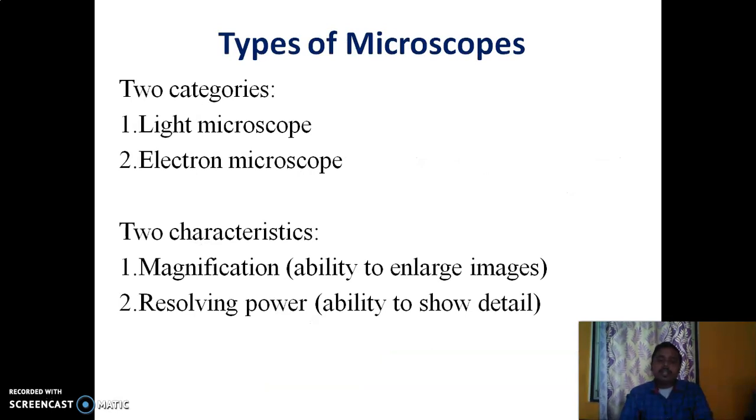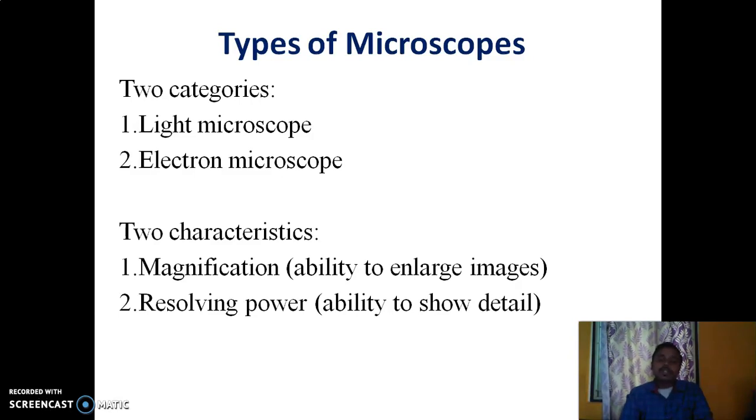The microscopes can be broadly classified into two categories. The first one is the light microscope and the second one is the electron microscope. These two classifications are based on the type of source we are using in these microscopes. We'll talk more about these two types later. But before moving into these two types, we want to know about two important characteristics that all microscopes should have.